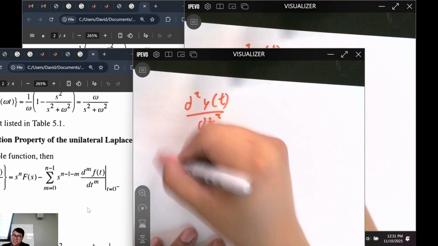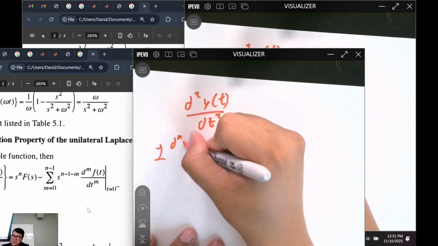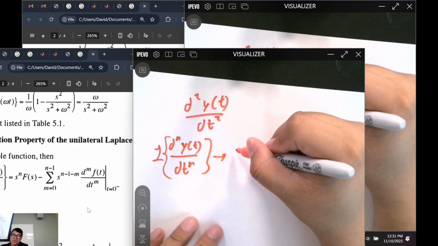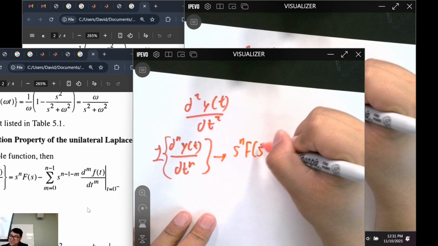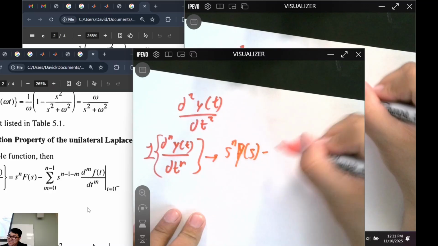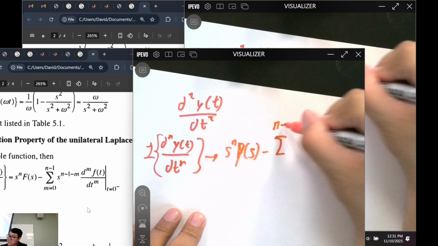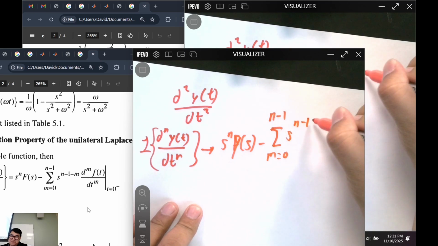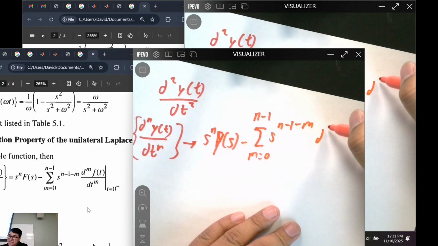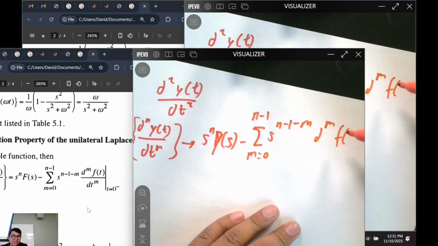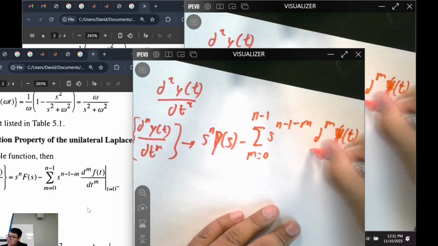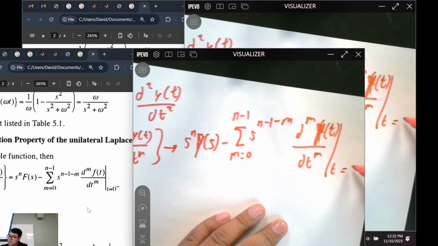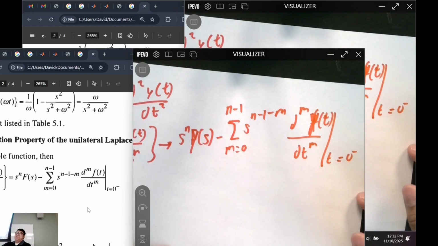It says the Laplace transform of the nth derivative of y of t is given by s to the n times Y of s, minus the sum from m equals 0 to n minus 1 of s to the n minus 1 minus m times the m-th derivative of y of t, evaluated at t equals 0 minus. That's an ugly equation, okay?